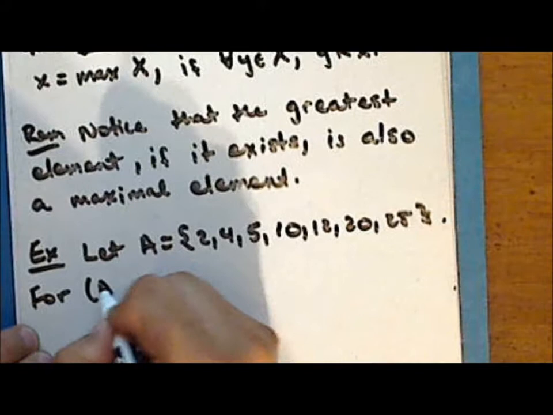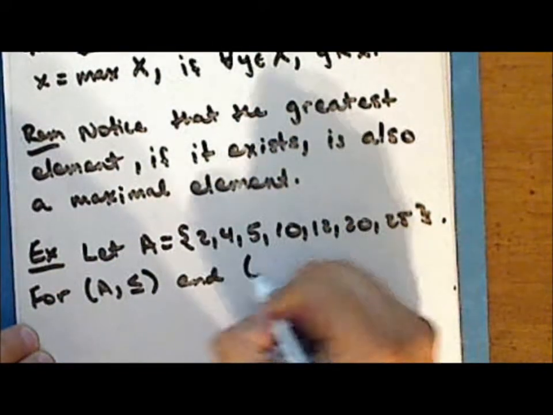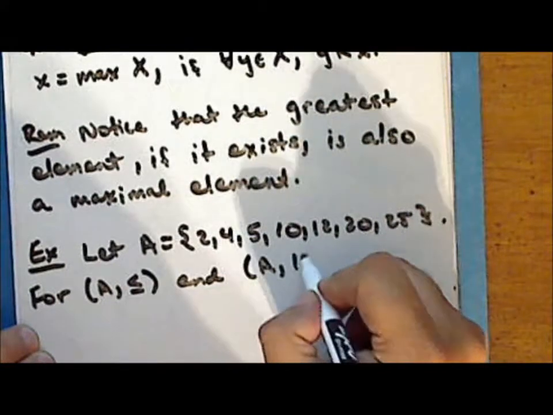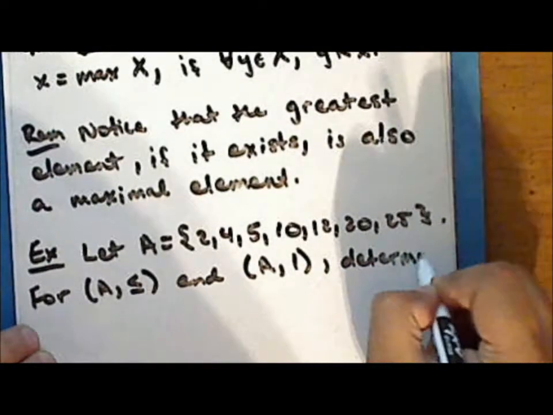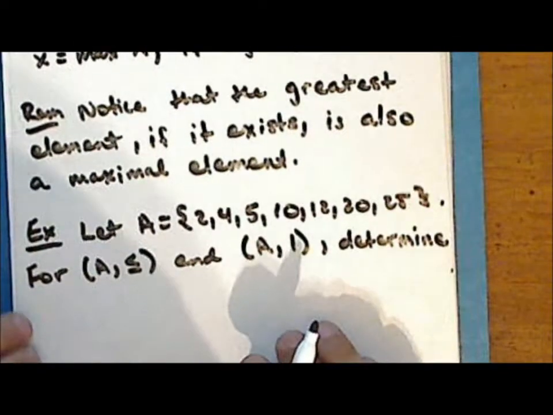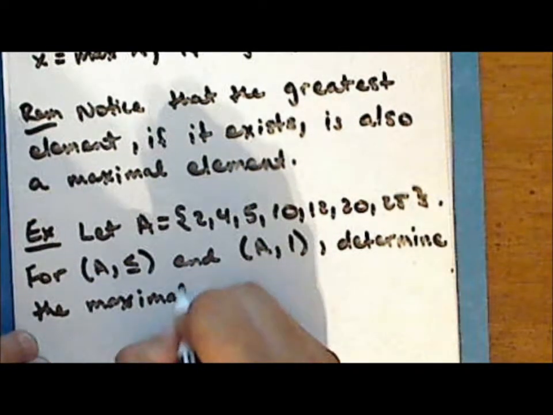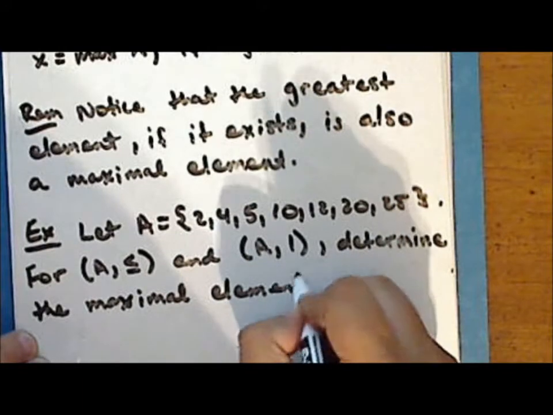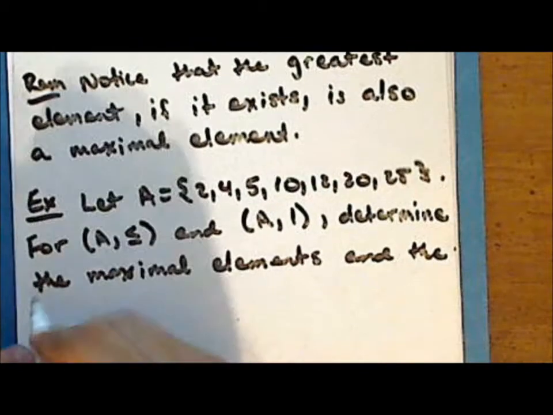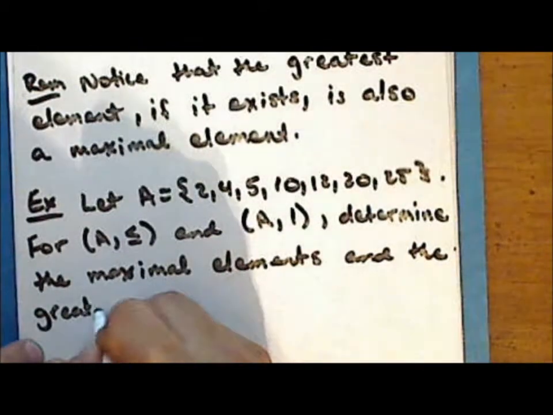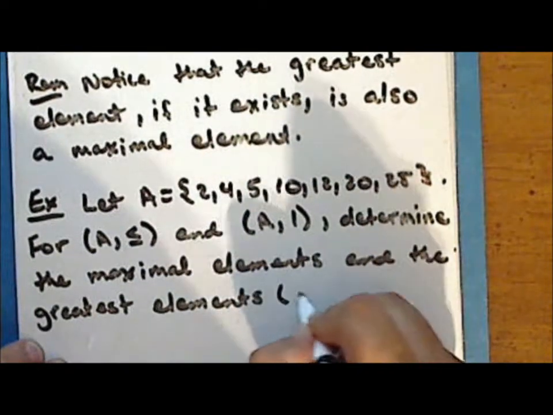For the poset consisting of the set A together with the relation less than or equal to, and the poset consisting of the set A together with the relation divides, determine the maximal elements and the greatest elements, if they exist.